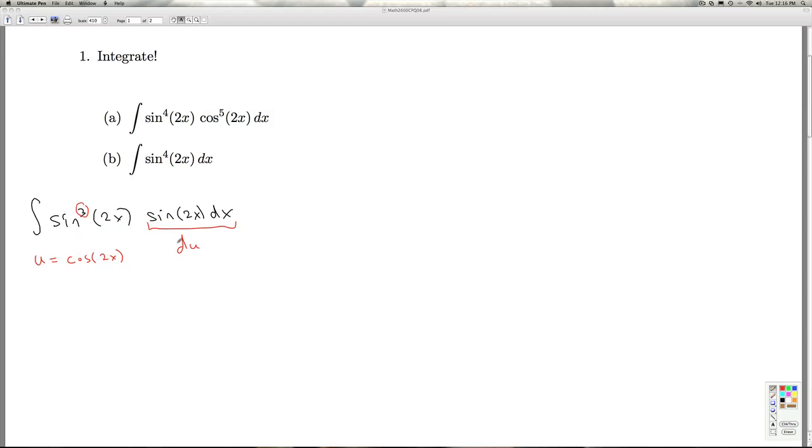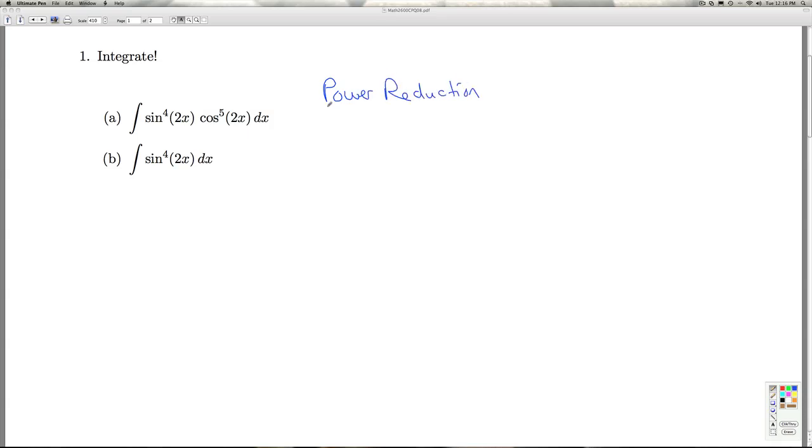And since there's no cosines to be spared at all, what I need to do is fall back and use a different technique that we talked about, namely the power reduction. So from trigonometry, we know that we can work the double angle identity for cosine to get the following.